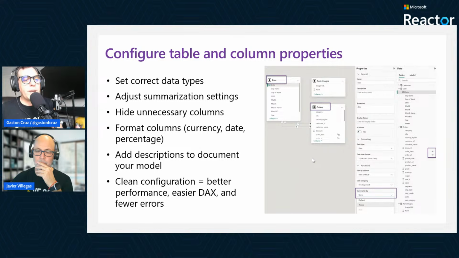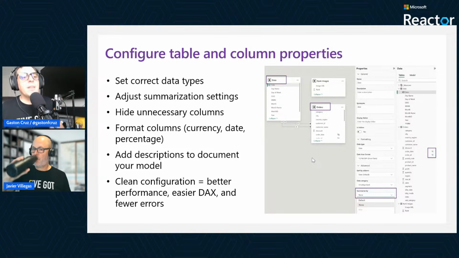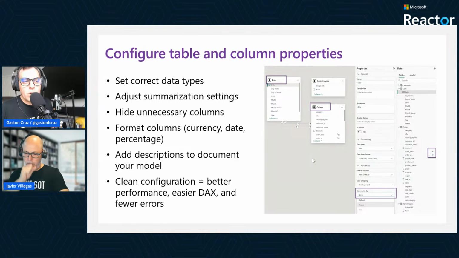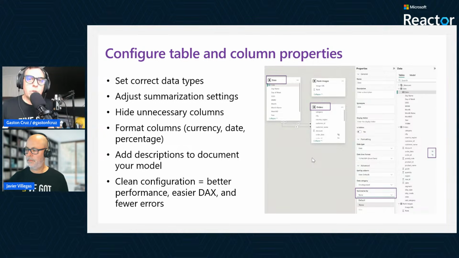Sometimes it's because we are bringing everything together, thinking that we are going to be using all of it in our reports. And sometimes you're bringing models with more than 200, 300 tables with a bunch of columns. And then when we specifically check the performance of the model, we notice that, hey, you are using only 10% of the columns of all the tables that you're bringing in. So the very first step in getting a better performance on your data model is exactly that, trying to avoid getting everything into your data model.